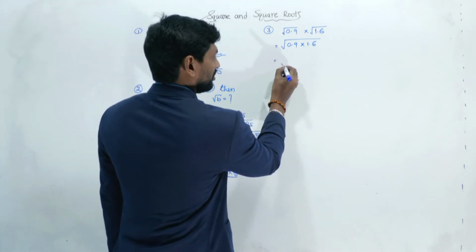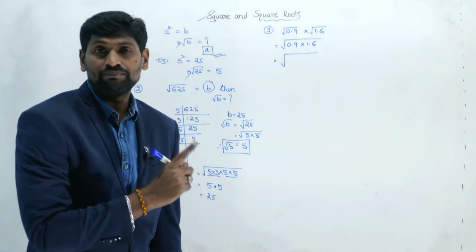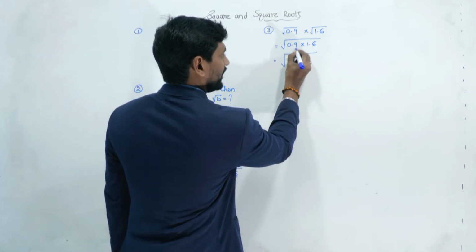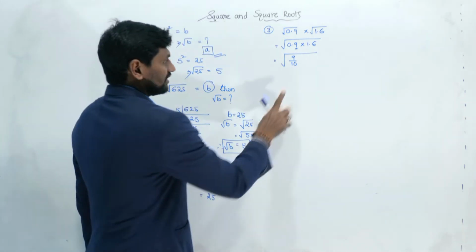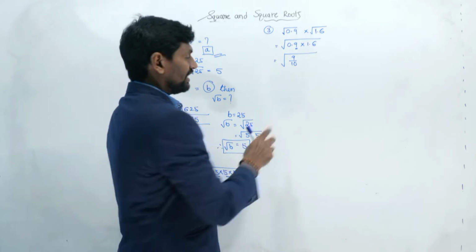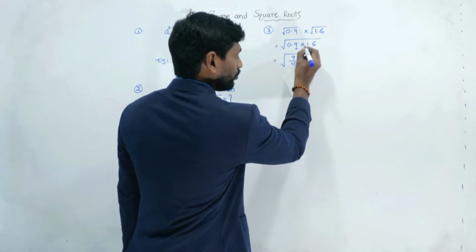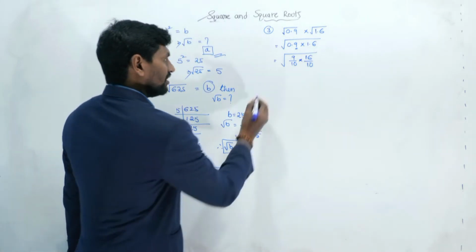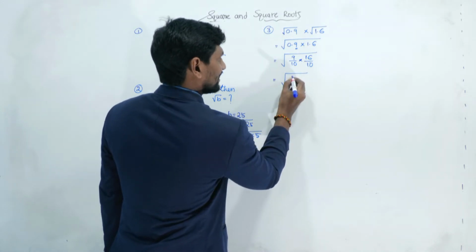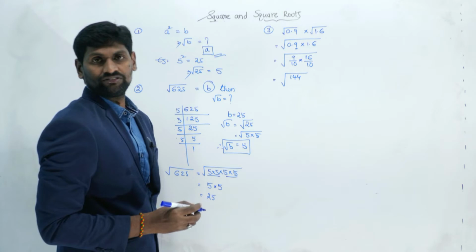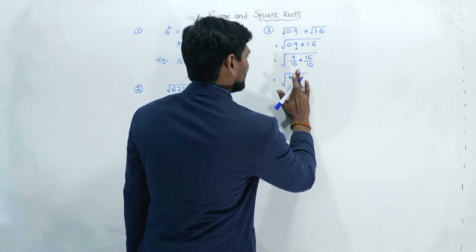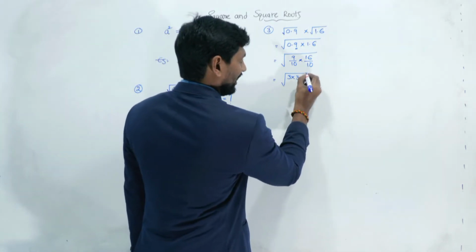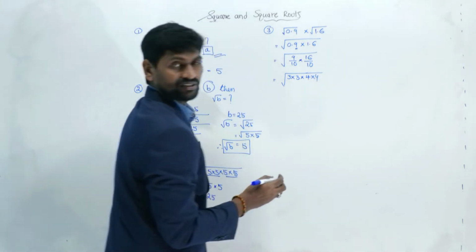I am converting the decimal numbers into fractional form. 0.9 we can write as 9 by 10, because only one digit is after the point, so the denominator is 10. 1.6 I can write as 16 by 10. Now multiply the numerators: 9 16s are 144. Or you can write 9 as 3 into 3 and 16 as 4 into 4.